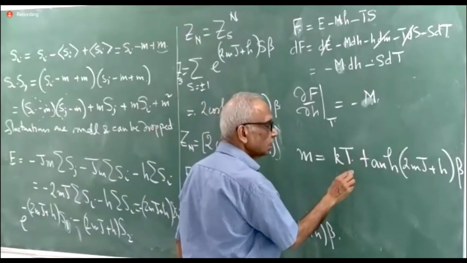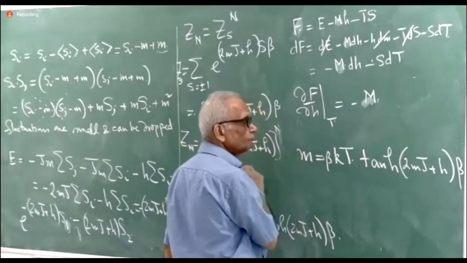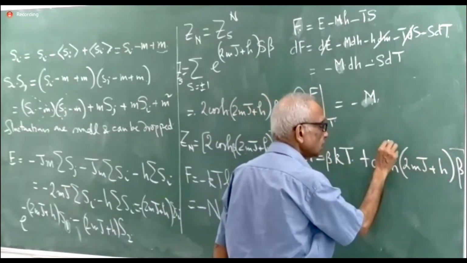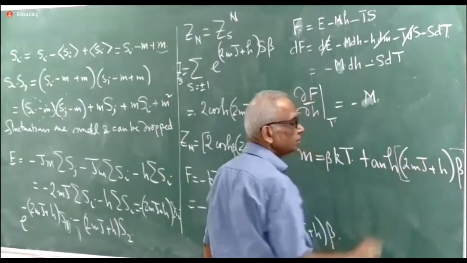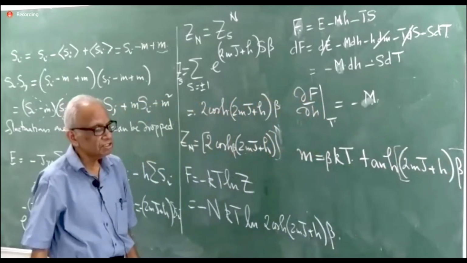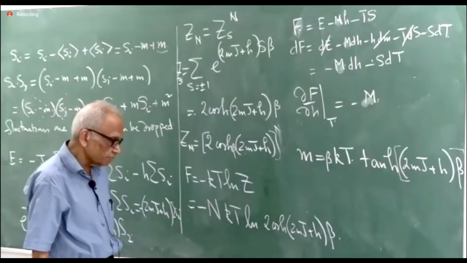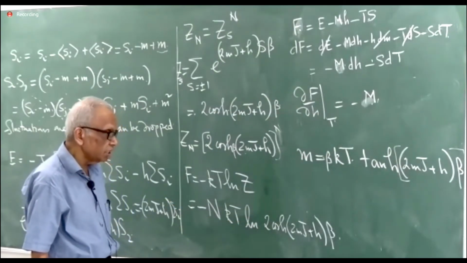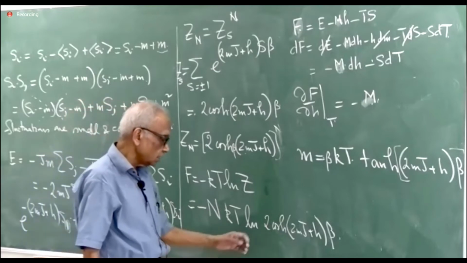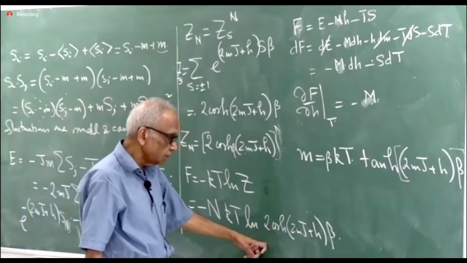So there is a beta overall. This beta is inside the argument over here. So 2mJ plus h times beta, and then a half which stays. There is a half downstairs.